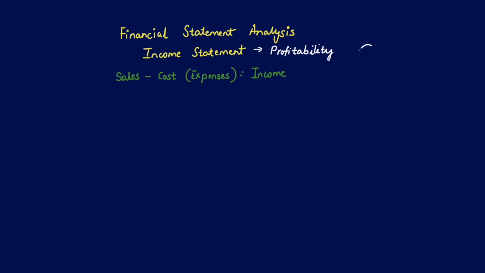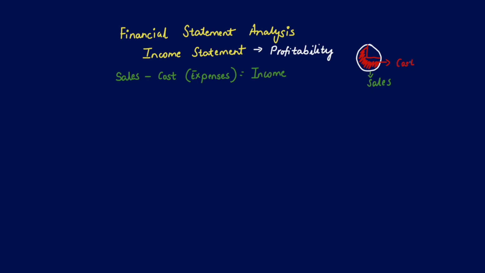Now, this equation is the foundation of the income statement. You've got your sales minus your cost, which is equal to income. To put it in a better picture, just imagine this pizza being the sales that you have from your company, the sales you've got from shipping out your products. Let's say that 1/4 of that pizza is your costs, the cost associated with building and selling the product.